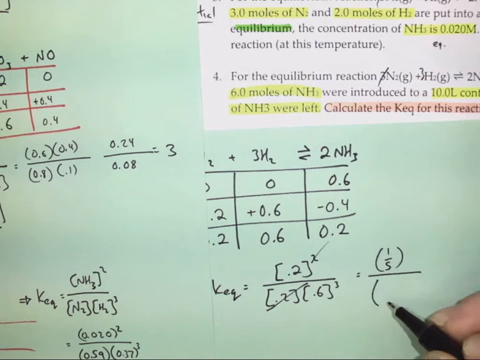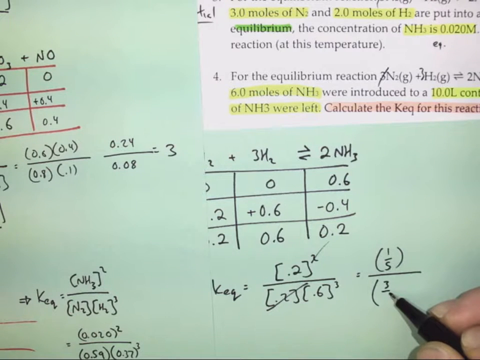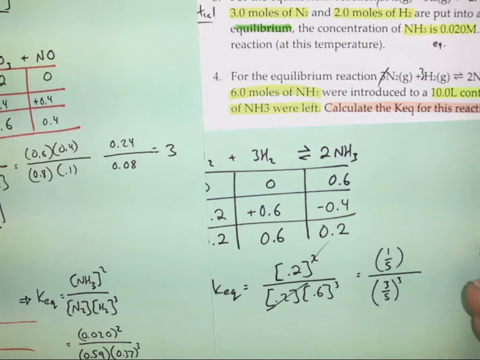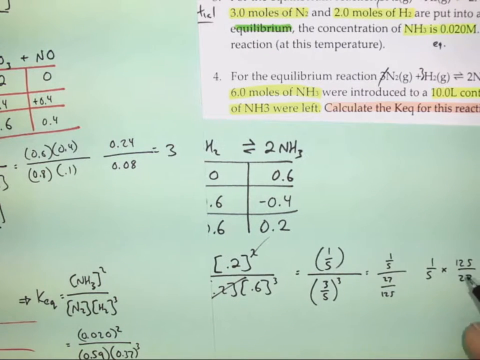And I've got 3/5 to the power of 3, which is 27 over 125, right? That's cubing each of those. And it says the same thing as 1/5 times 125 over 27. And I can simplify it diagonally and leave 25 here by dividing by 5. So that means my answer is 25/27.